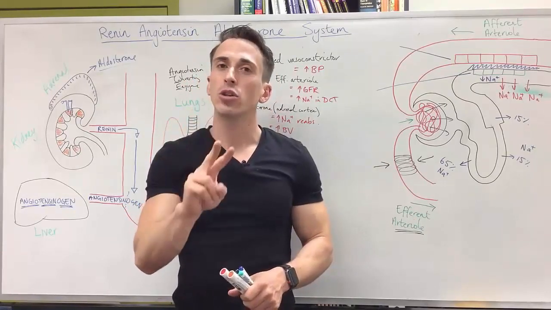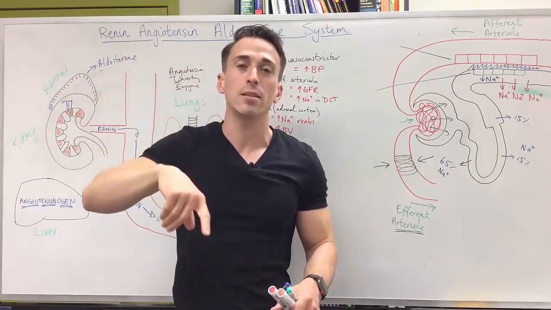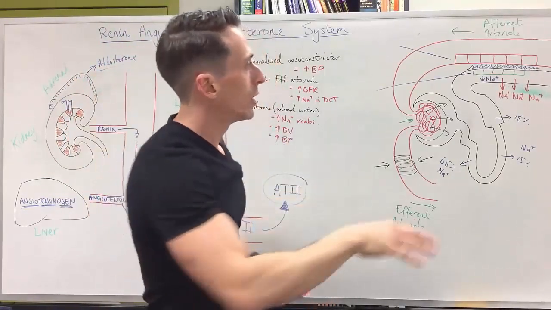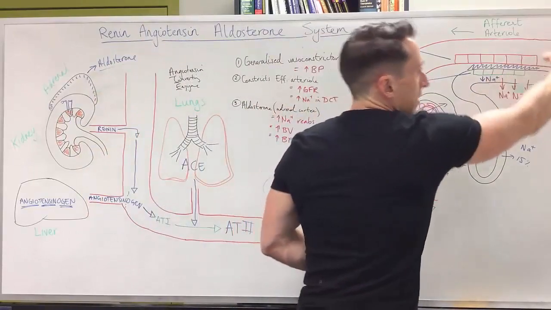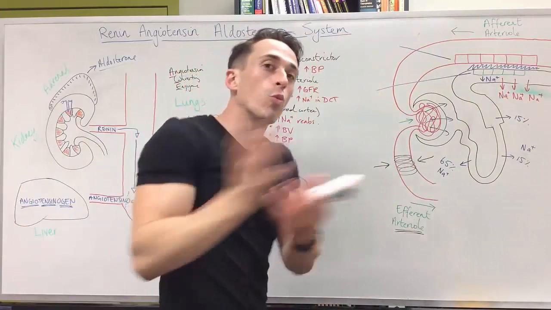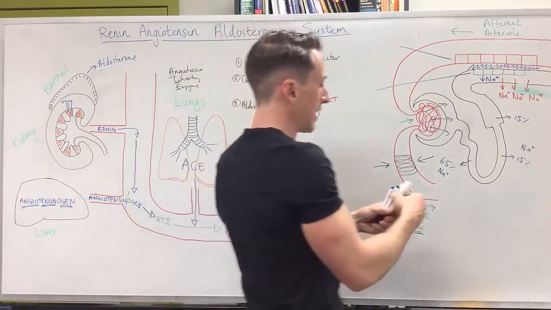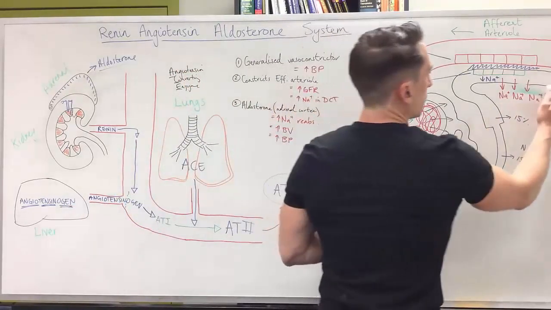So angiotensin 2 tells ADH to be released into the body, and this will travel to the distal convoluted tubule and the collecting ducts and tell them to reabsorb more water into the body. That's what ADH does.